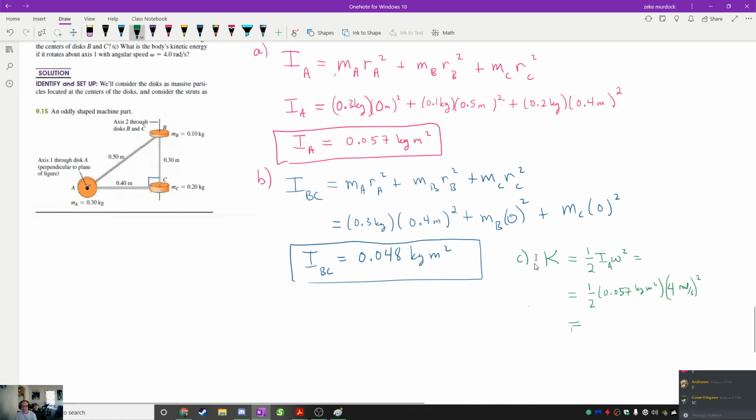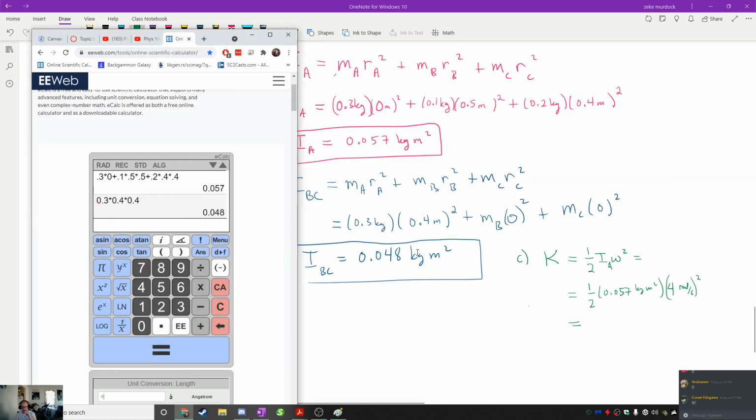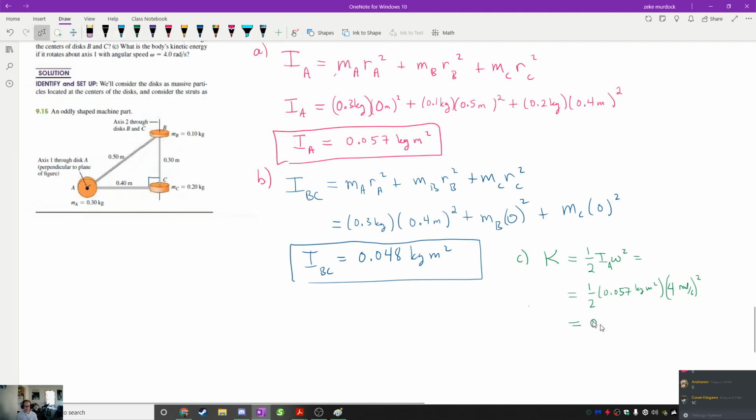Okay. So 0.456. And that would be the kinetic energy of rotation for the system.